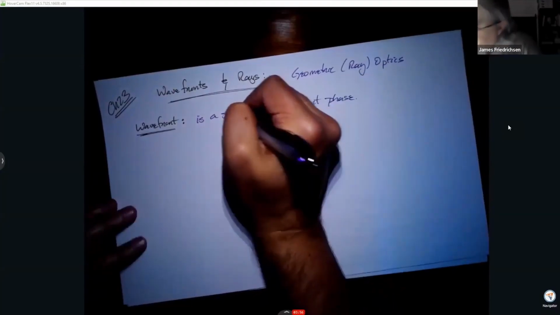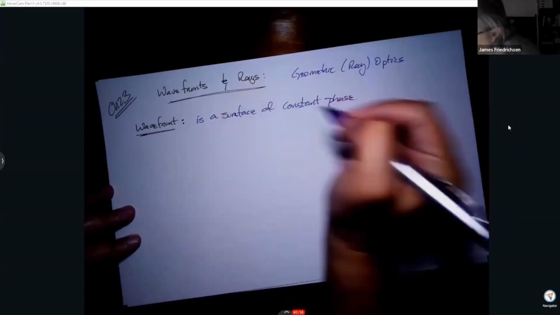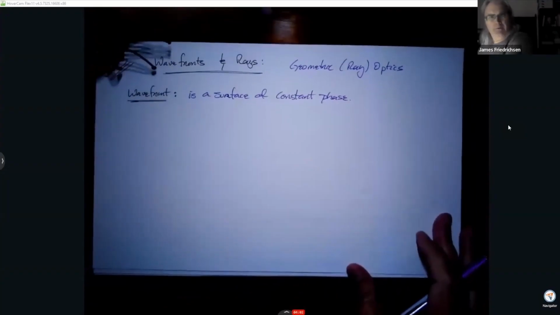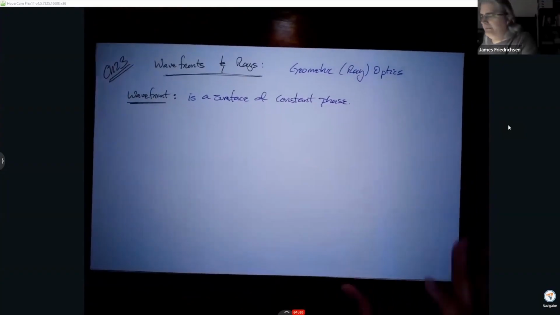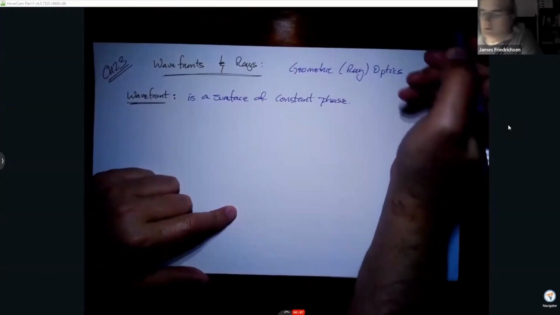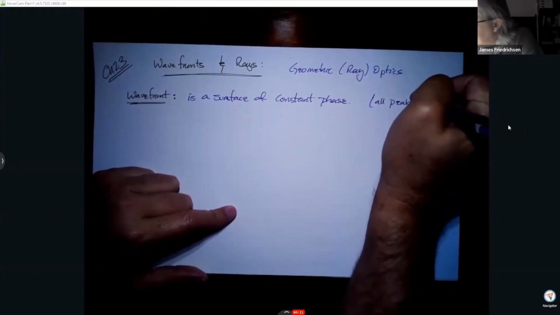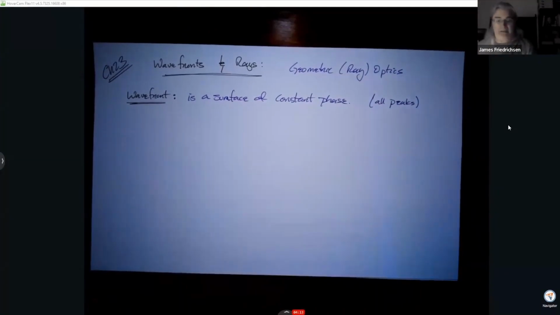And so what that means is we'd go in and look at all the peaks, or we could do all the troughs. I mean, you can do any other point, but usually it's peaks or troughs. And I usually picture just all peaks.